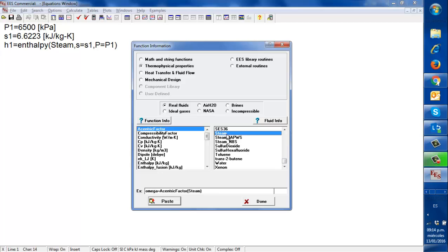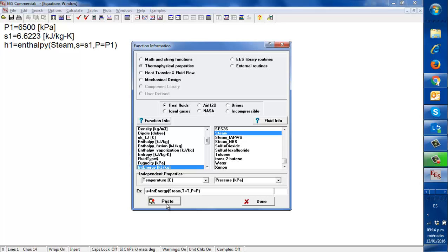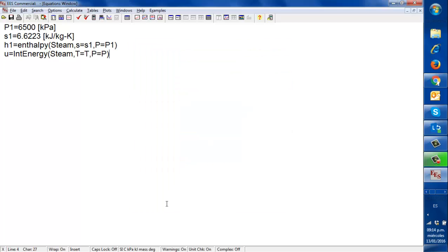And what I would like to have is now the volume, let's say the internal energy. Now, how many properties does this ask for? 2. Because we know that we need 2 independent properties from the state postulate.